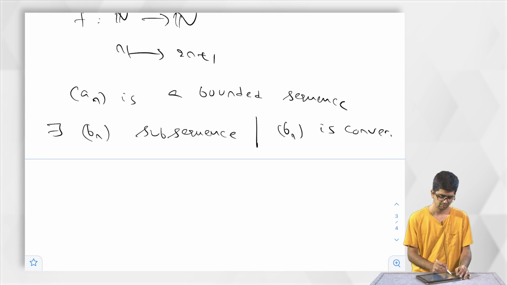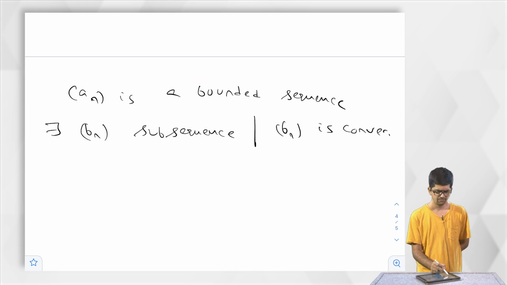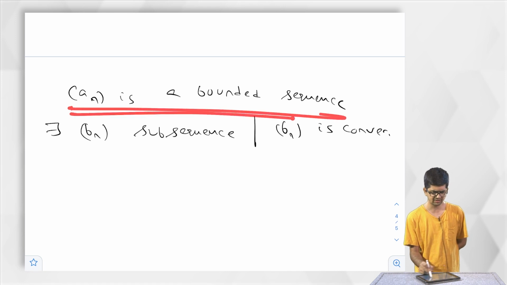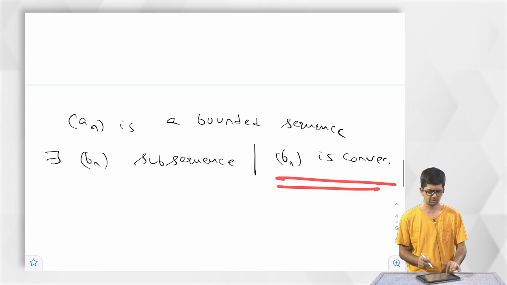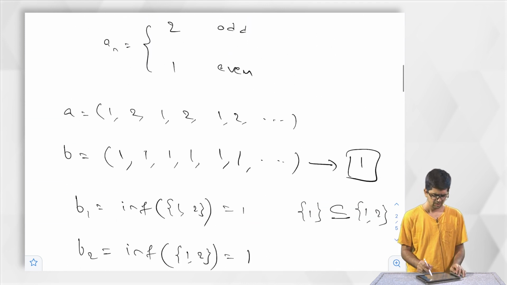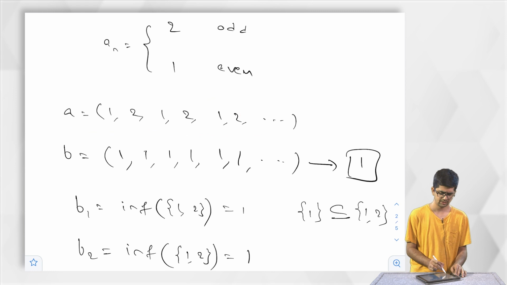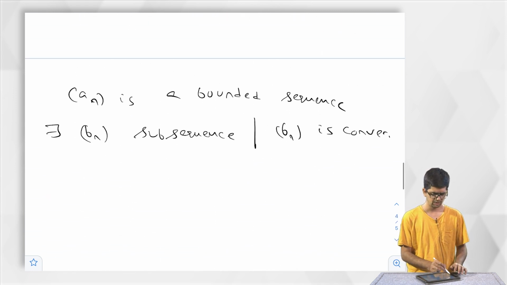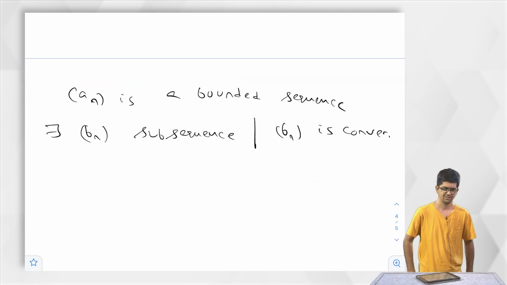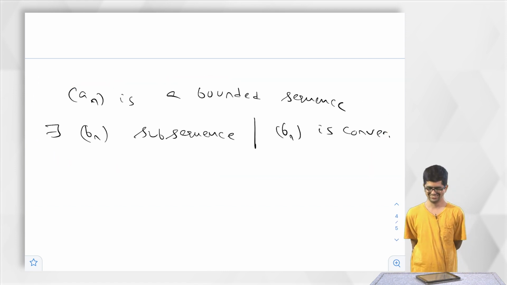Maybe I will just pull it down, right? This is correct, right? That for every bounded sequence there exists a subsequence such that Bn is a convergent sequence. How do we know that? We have seen this example that for this bounded sequence there is a subsequence that is convergent. So this should be the case for every sequence An.